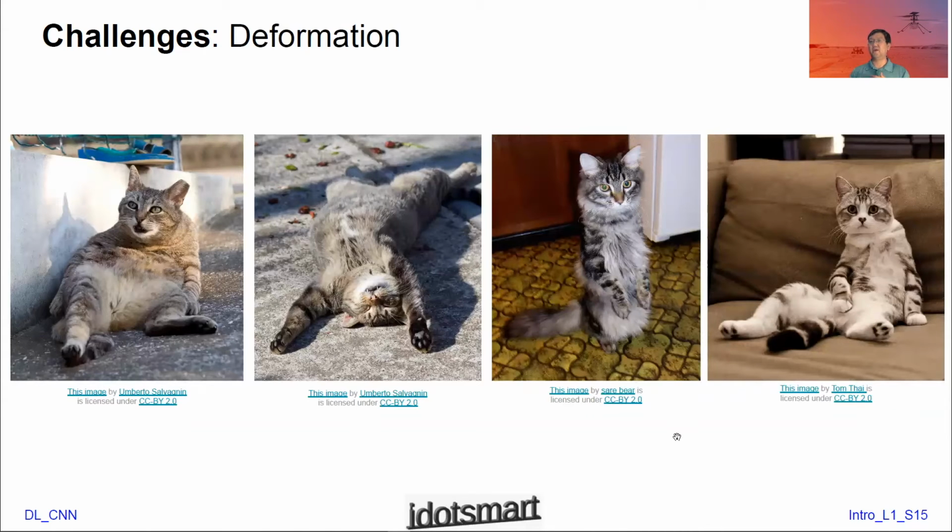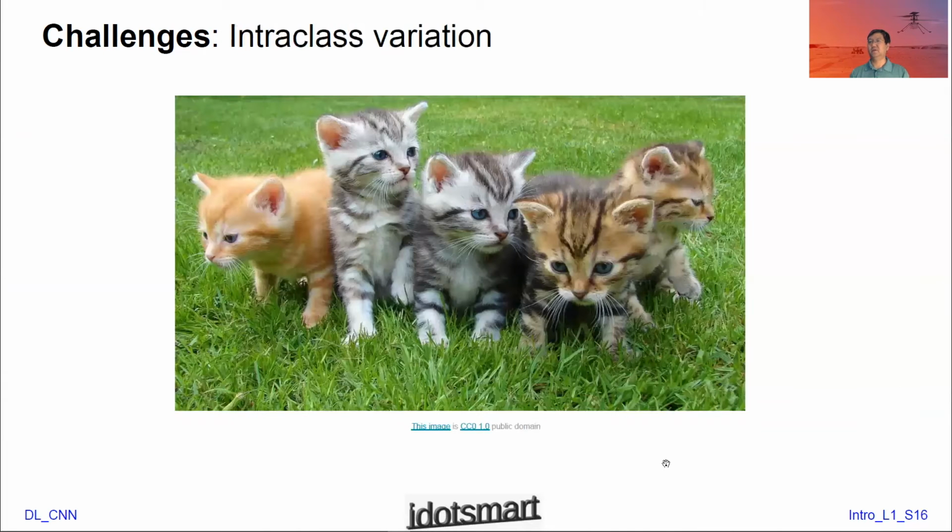Of course, as humans we have a lot of experience and can probably evaluate this, but for computation it is very challenging. We call them all cats, but they have different types and categories of cats.